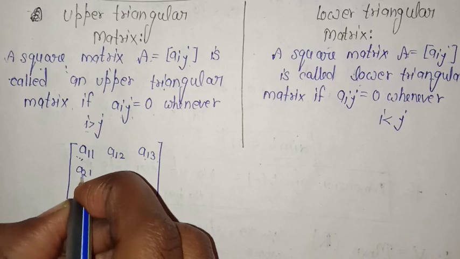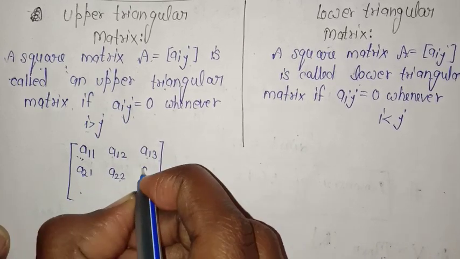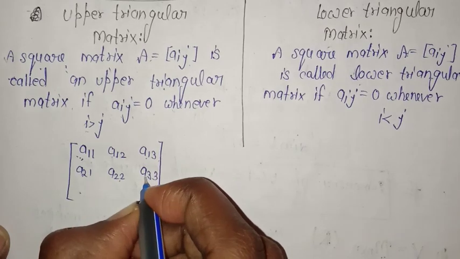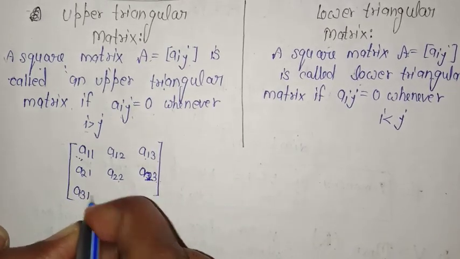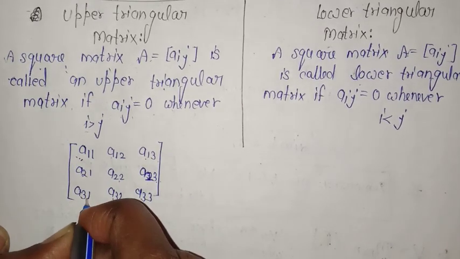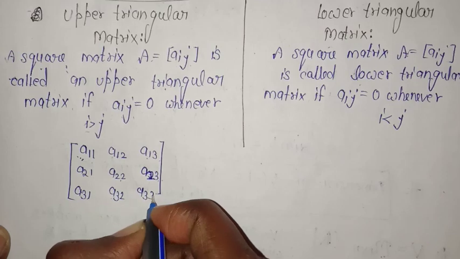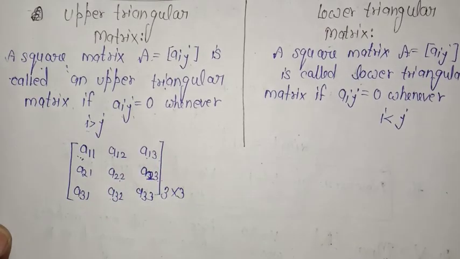A21, second row, first column. A22, second row, second column. A23, second row, third column. A31, A32, A33, that is third row, first column, third row, second column, third row, third column. So this is the 3 cross 3 matrix that I have taken.